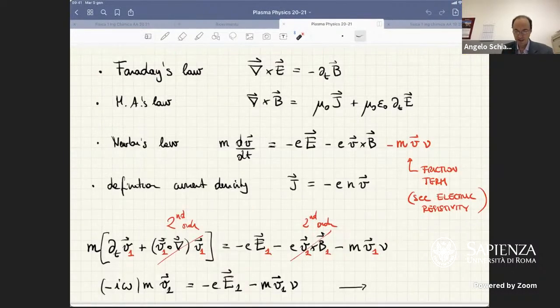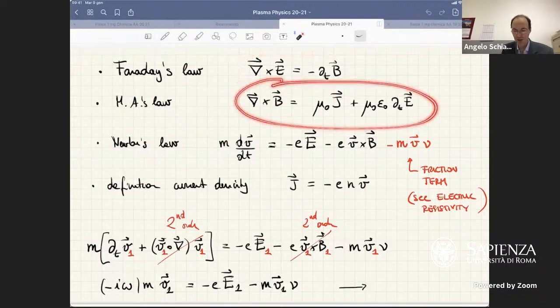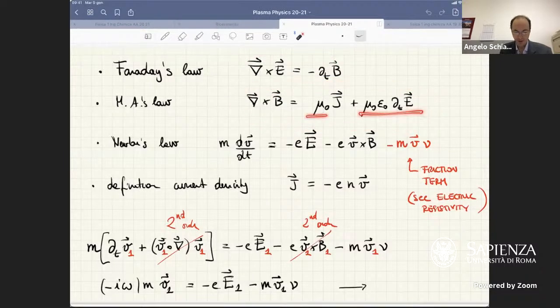So we set up a system of equations: for the electric field, the source term is Faraday's law. The source term for the magnetic field is the Maxwell-Ampere law. Then we needed a way of coupling dynamically the electric field and the magnetic field to the motion of the electrons. And this is Newton's law for the electrons. And we added this term, remembering what we were doing when we were studying the electrical resistivity.